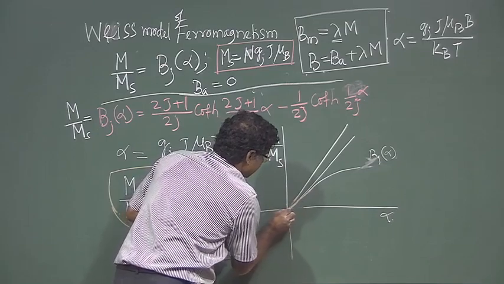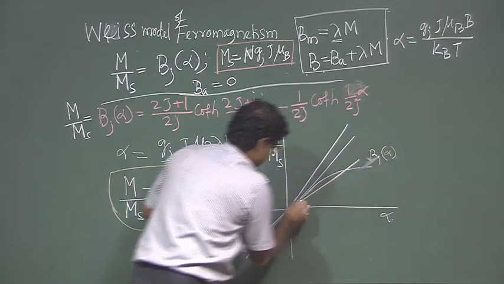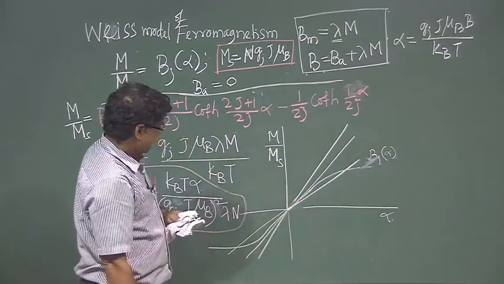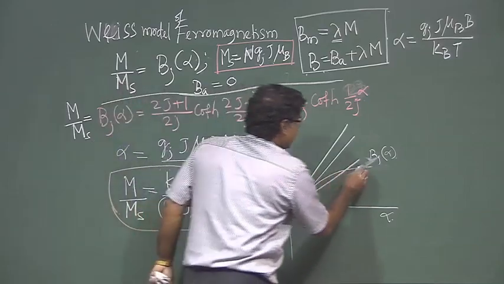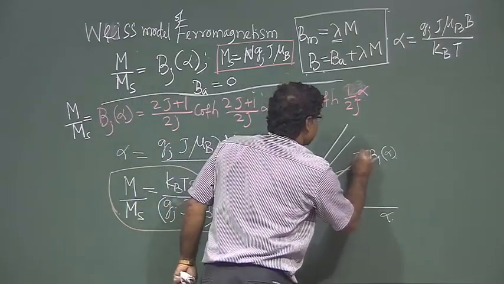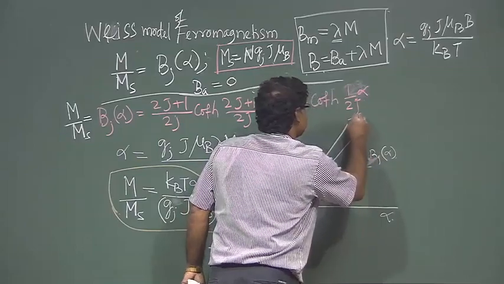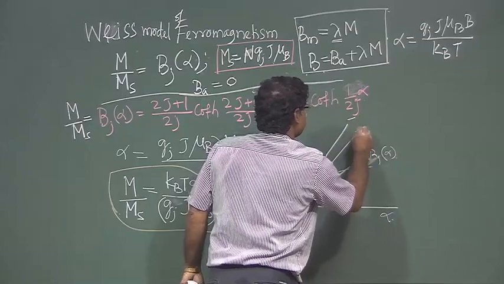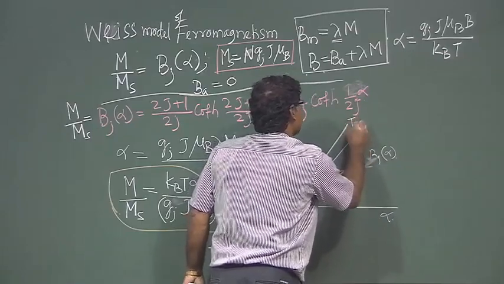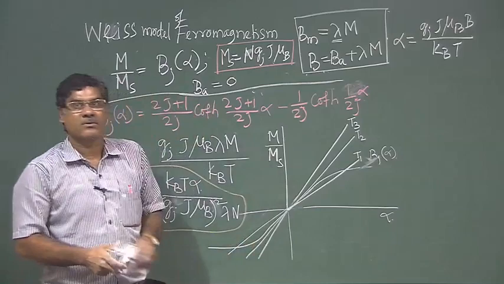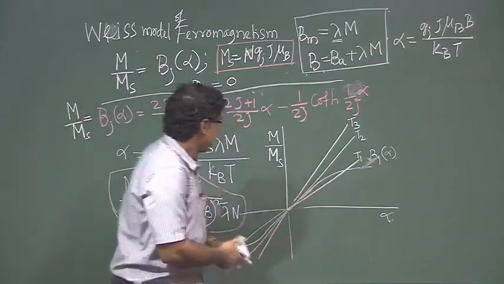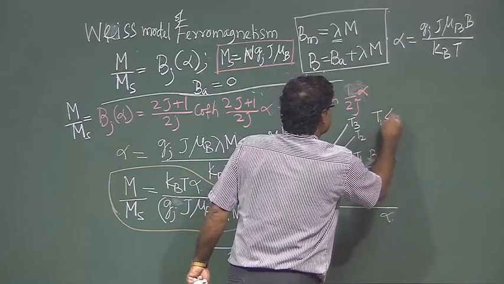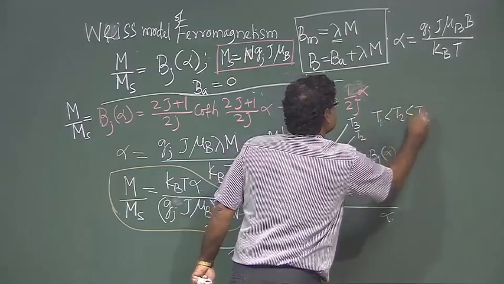These are different temperatures. This is T1, this is T2, this is T3, where T1 is less than T2, which is less than T3.